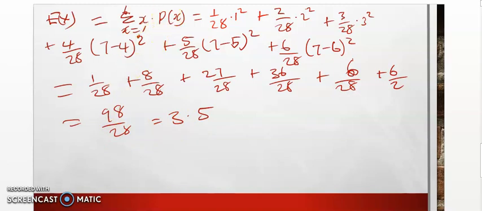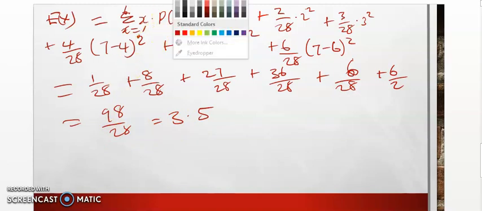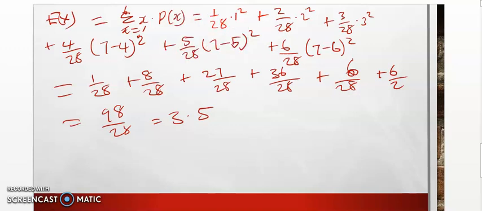So now we go ahead to find the variance of x, which is what we have been looking for. We already have the formula, the expected value of x squared minus the square of the expected value.